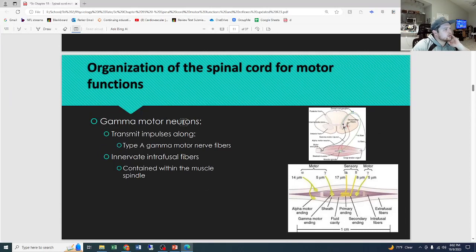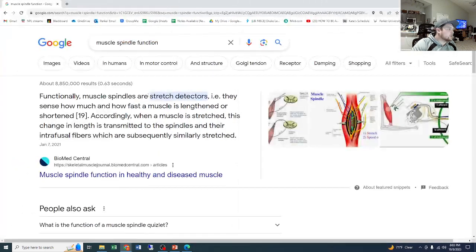So the gamma motor neurons are responsible for innervating the intrafusal fibers, which are within our muscle spindles. Remember, the muscle spindles specifically are our stretch detectors. They sense how much and how fast a muscle is lengthened or shortened.